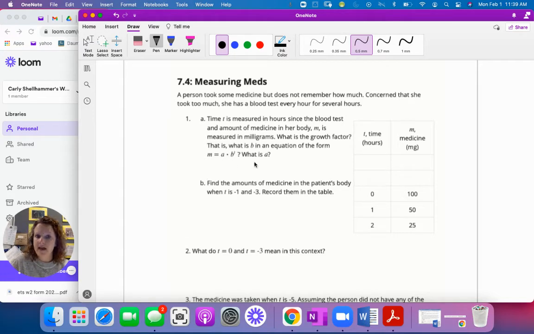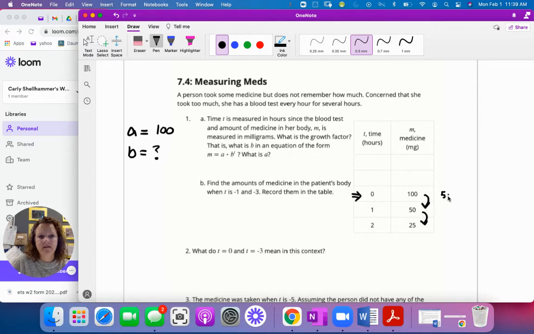Okay, and what is A? So A is your initial amount. We can say A in this case is at time equals 0, 100 milligrams. B, we need to find. So I know as time goes on, it looks like I'm going down by half.